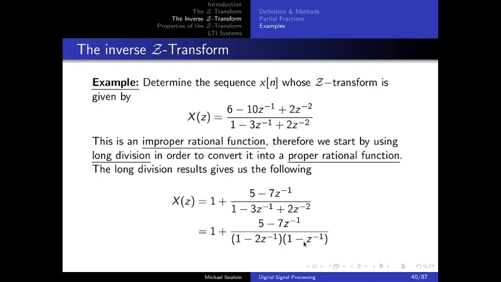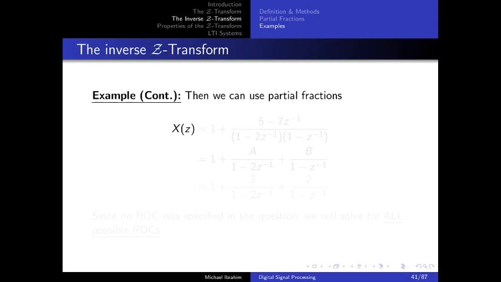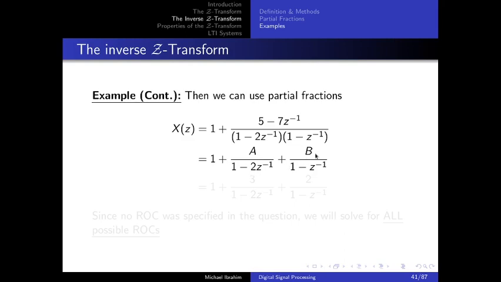So we will have three possible regions of convergence: outside the circle whose radius is 2, between the two circles whose radii are 1 and 2, and inside the circle whose radius is 1. So doing the partial fraction, we have a constant over 1 minus 2z to the minus 1 plus a constant over 1 minus z to the minus 1, as the constants can be found easily. We have done this before.